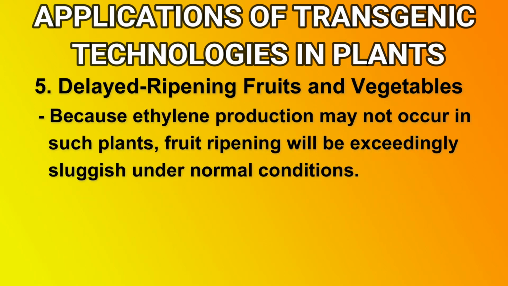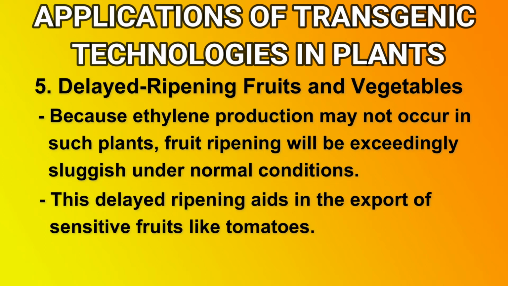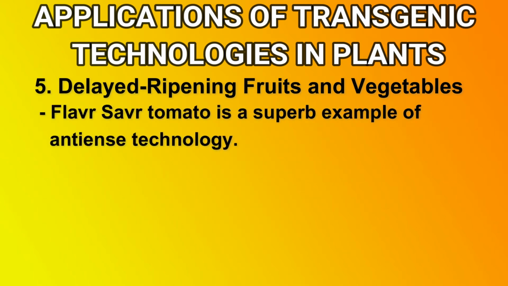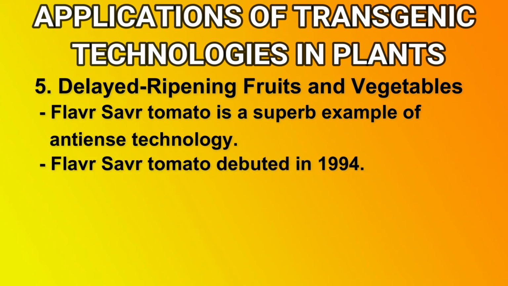Because ethylene production may not occur in such plants, fruit ripening will be excessively sluggish under normal conditions. This delayed ripening aids in the export of sensitive fruits like tomatoes. Flavr Savr tomato is a superb example of antisense technology. It was debuted in 1994.